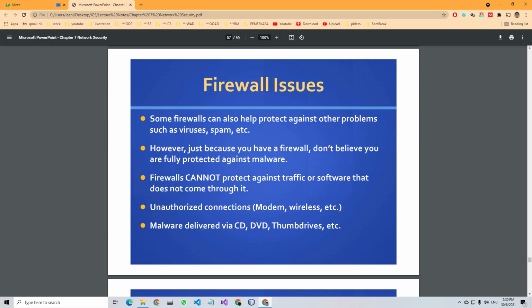So I agree with this. I'm not sure about you. Which one do you recommend? Not just firewall, maybe your antivirus or anti-malware. Do you believe there is one tool or software which can provide you 100% protection from a malware attack?